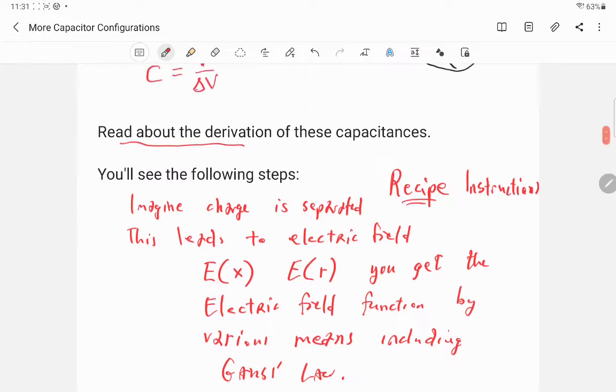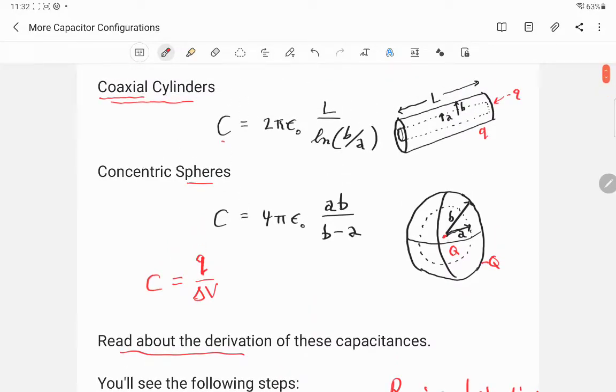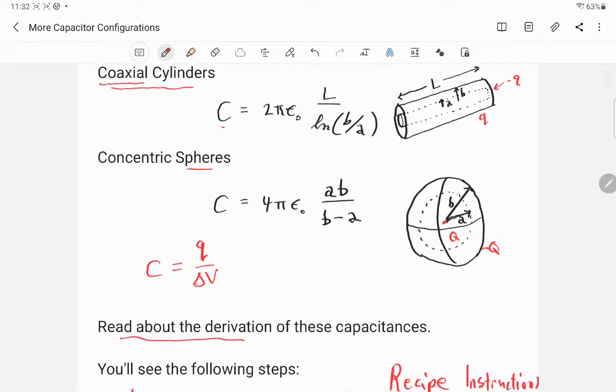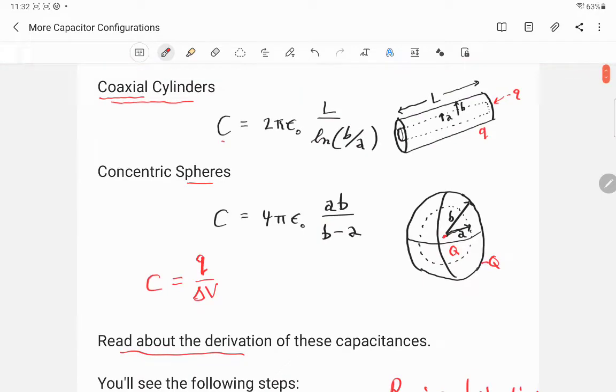If you read about the derivation of these two capacitances, you're going to see a book make use of Gauss's law to determine the electric field. And in this case, cylinders and spheres tend to have radial electric fields. So you're going to have electric fields as a function of radial distance from the axis or from the center.